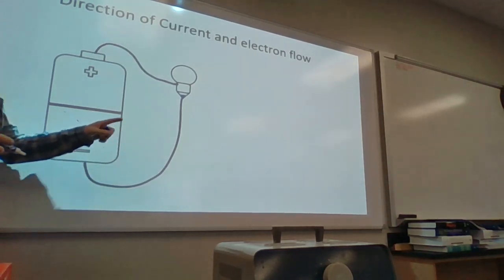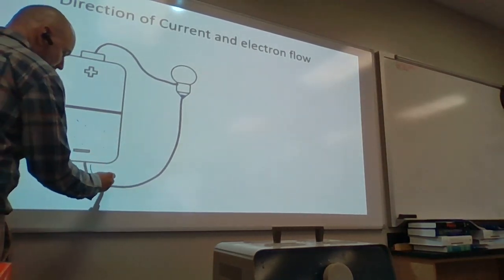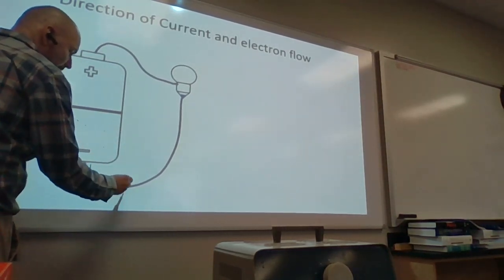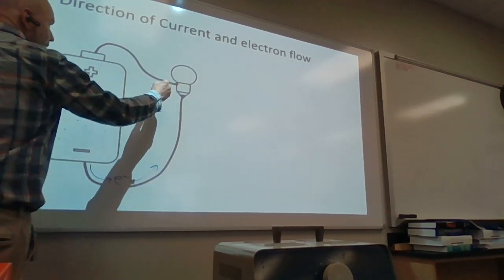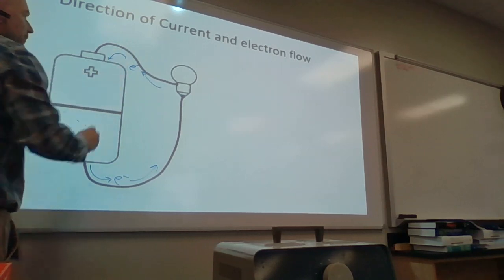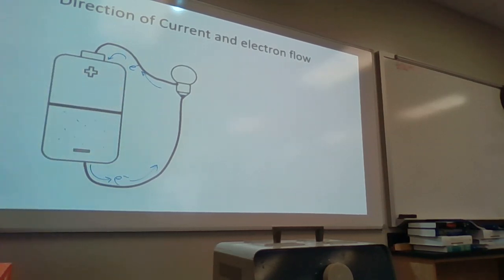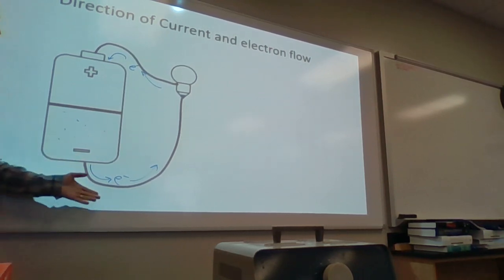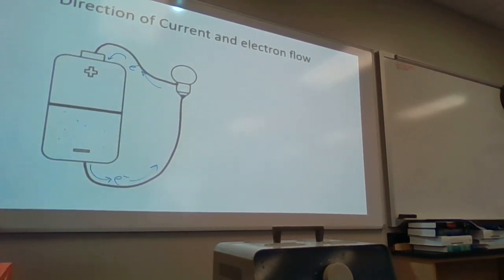So if we make a complete circuit, electrons go out of the negative through the light bulb and go into the positive. So the direction of electron flow is out of negative into positive.